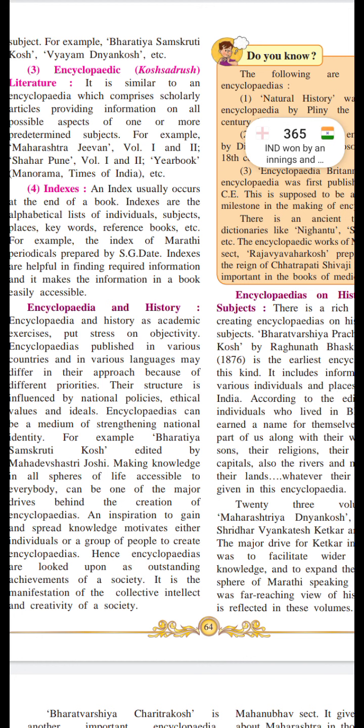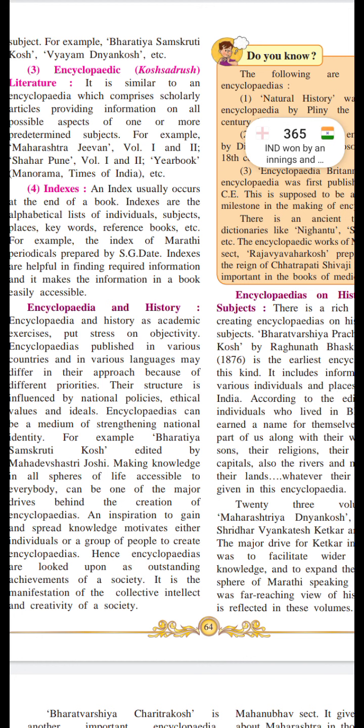The first volume includes information on the lives of individuals mentioned in the Vedic literature, including Shruti, Smriti, Sutras, Vedangas, Upanishads, also Puranas, Jain and Buddhist literature.